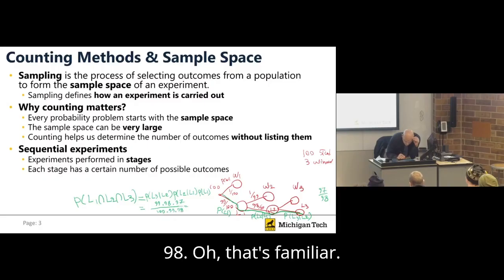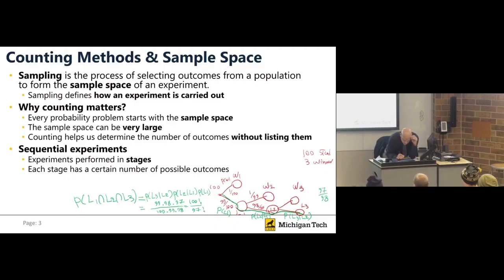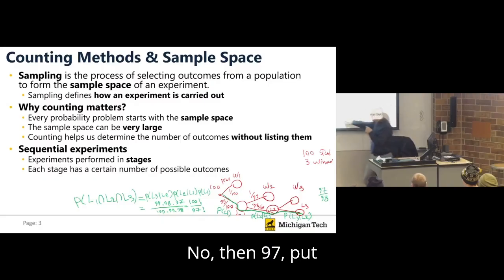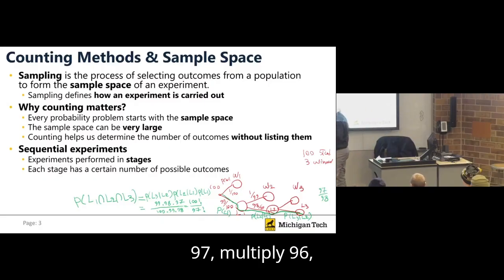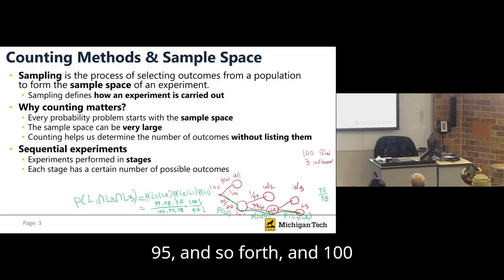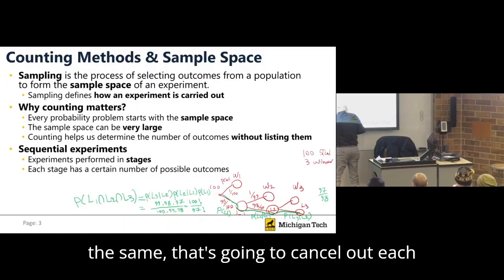Oh, that's familiar. It looks like factorial. We can consider this 100 factorial over, actually, 97 factorial. When 97, multiply 96, 95, and so forth, and 100 the same, that's going to cancel out each other.